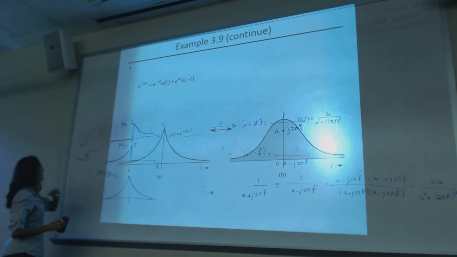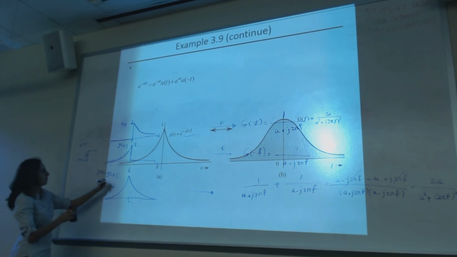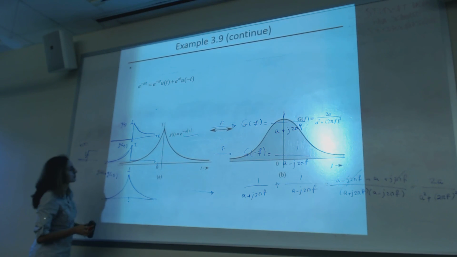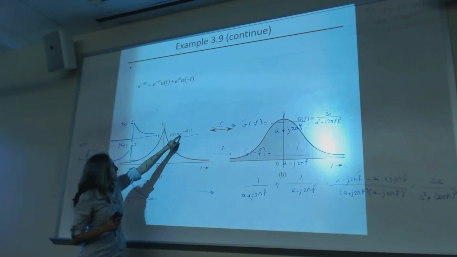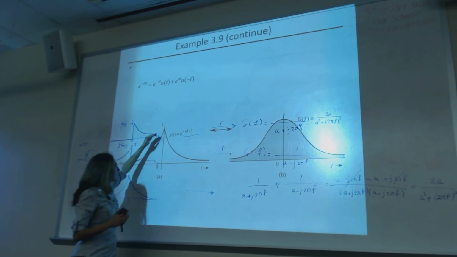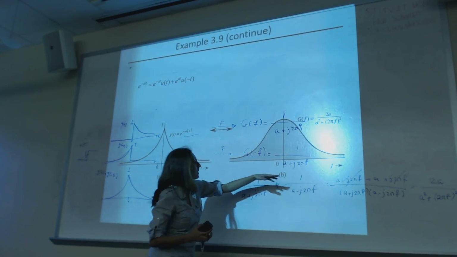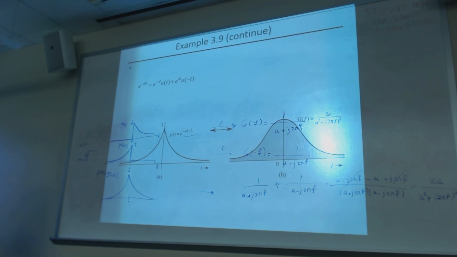So I can consider that the value at t equal to 0 is half. So this is the proof, and the whole thing I can write as e to the power of minus a times the absolute value of t. Its Fourier transform is just that summation, and we're going to get that.